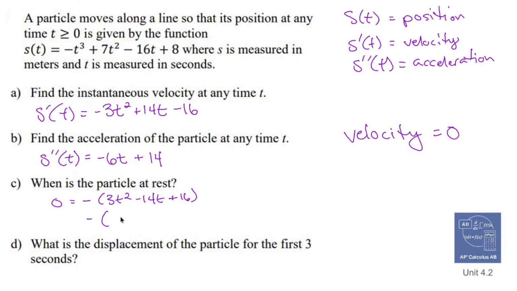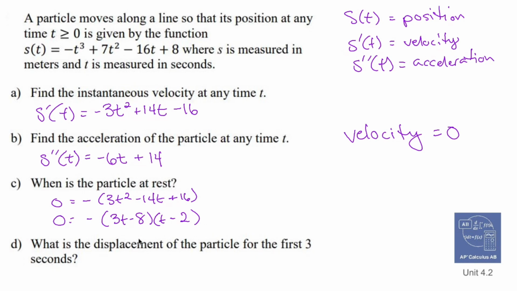Let me see. One of them's got to be 3t minus 8, minus 2. 3t squared minus 6t minus, yeah, that'll work. Oh, how about that? So that equals 0.